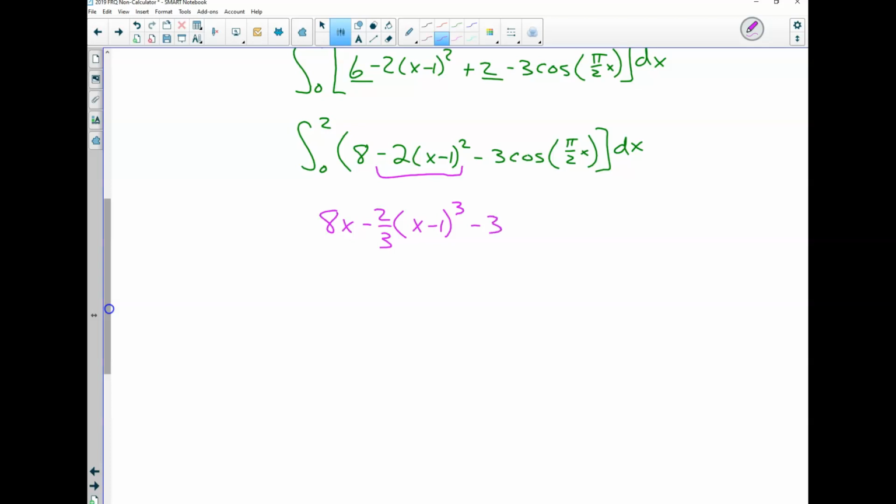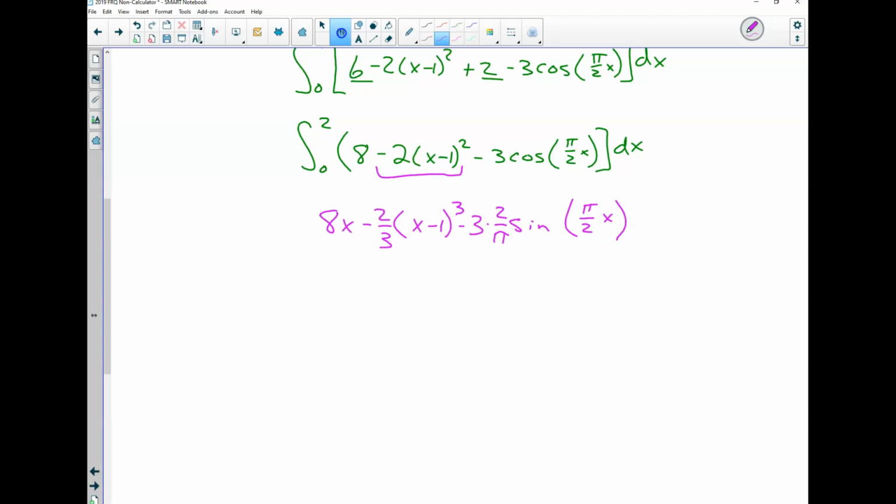Minus 3, the antiderivative of cosine, that would be sine times pi over 2x. I have a constant, another chain rule. So if you took the derivative of this, there's going to be a pi over 2 in front of the sine, right? So what I'm going to do is offset that with minus 3 times 2 over pi, because I'm going to get a chain rule of pi over 2 that's going to come out.